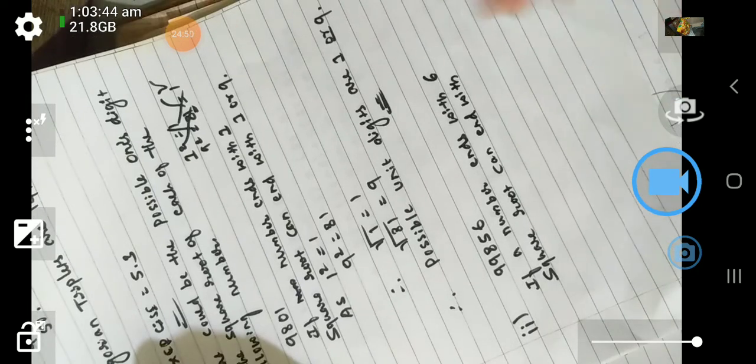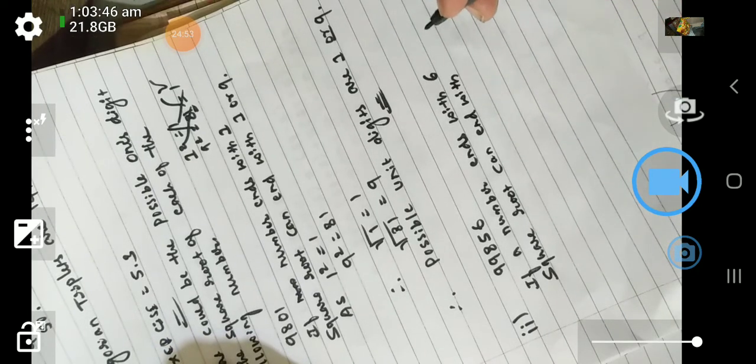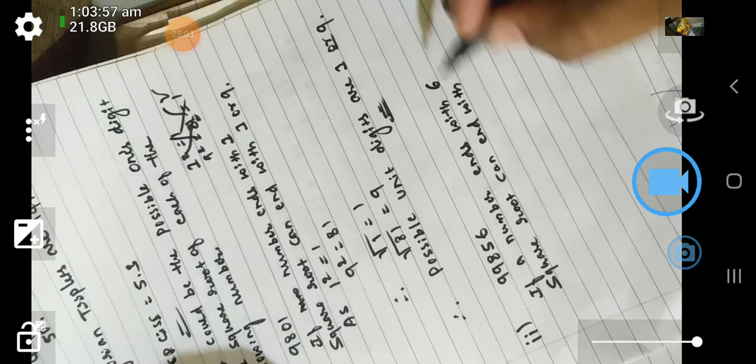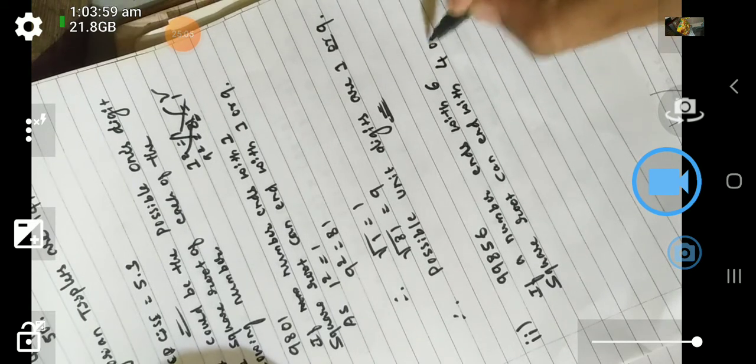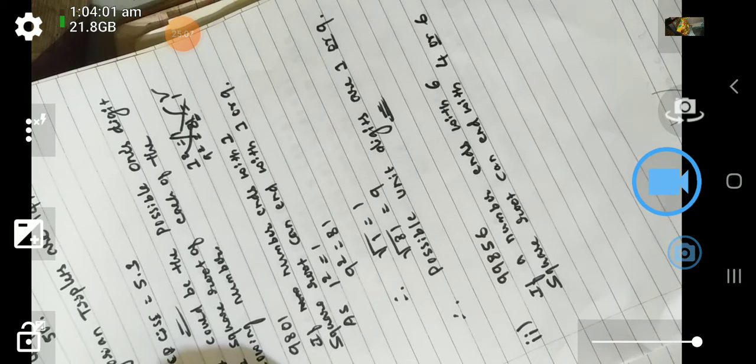You know that 4 fours are 16, and 6 sixes are 36, which also ends with 6, right? So the unit digit ends with 4 or 6.